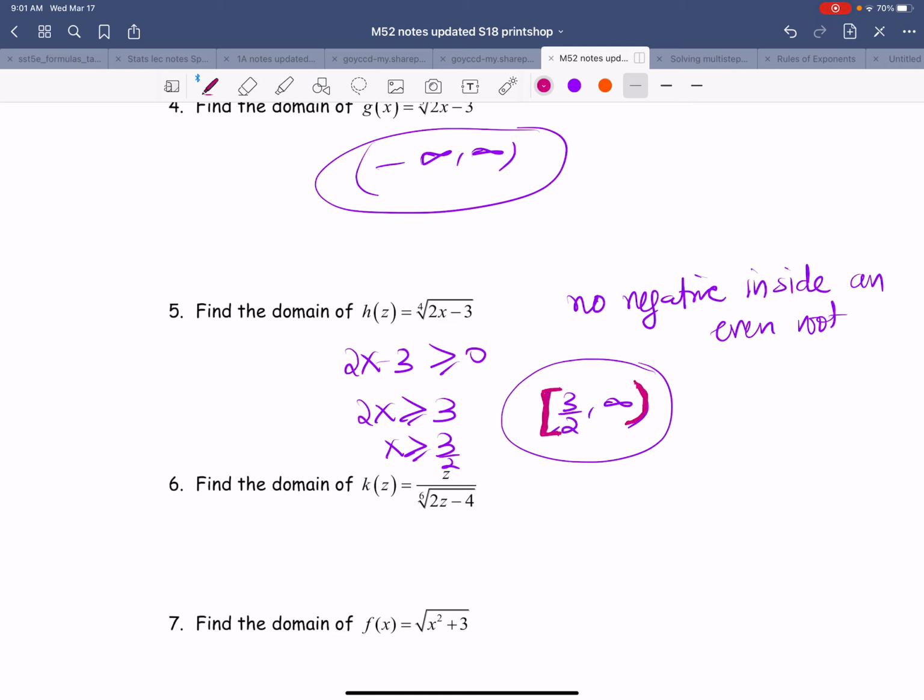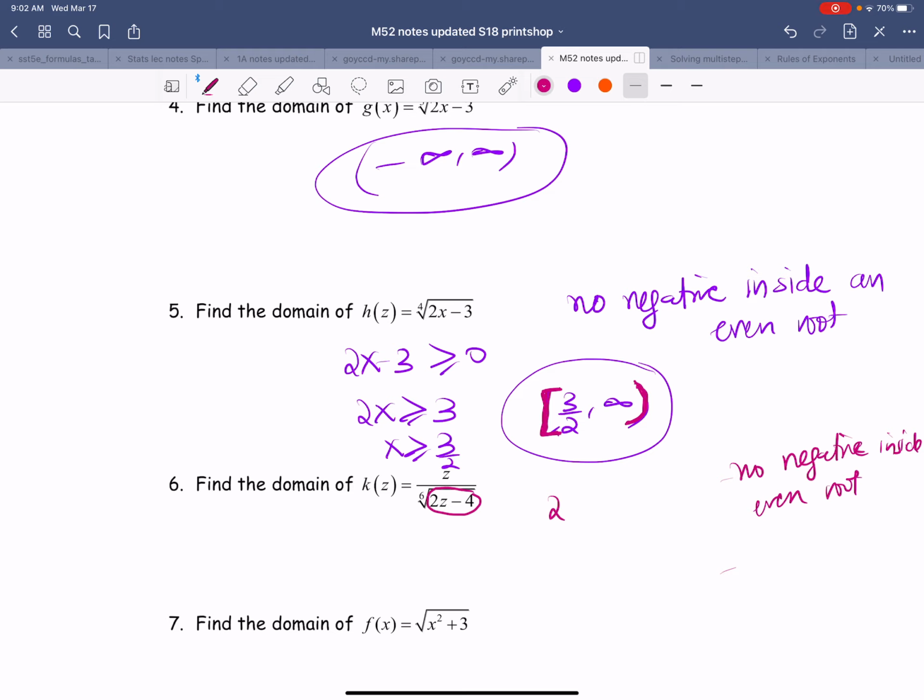Okay. Next, find the domain of z over 6th root of 2z minus 4. Well, I do have an even root here, so no negative inside an even root.